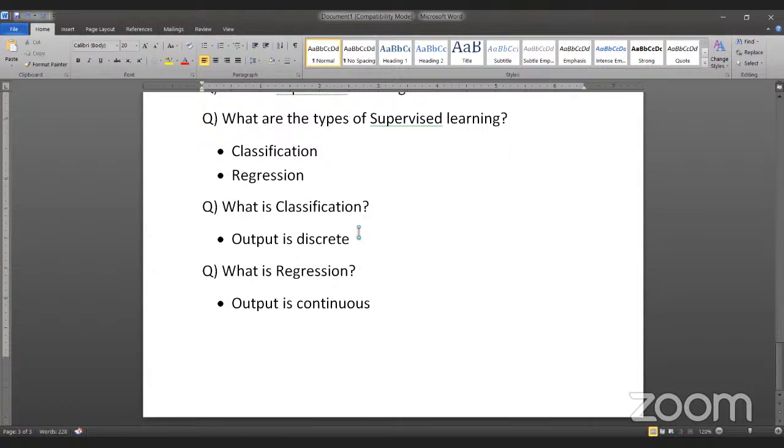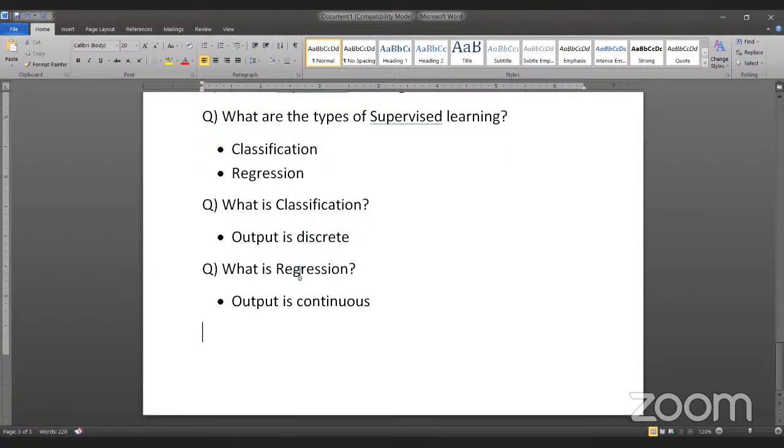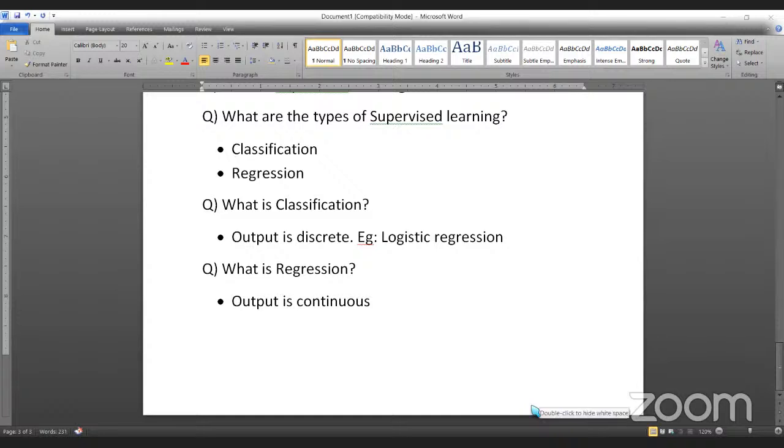Now, what are the examples of classification and regression? So here we can give examples as logistic regression, KNN, naive-bayes, decision tree, random forest.